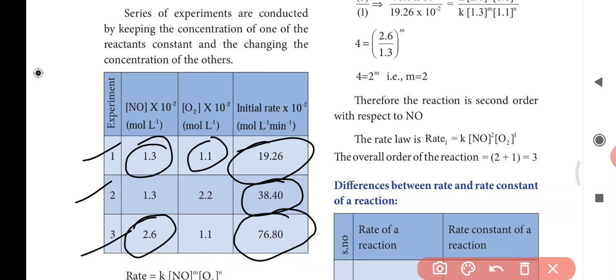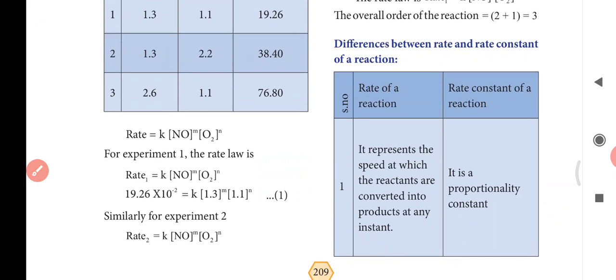Here, if you double the concentration of either reactant, the rate also doubles. If you double the concentration of nitric oxide, the rate also doubles. Let's discuss the first, second and third reactions.